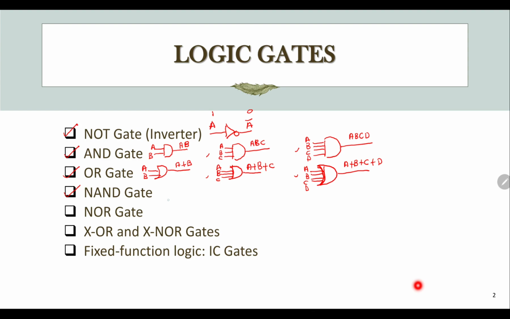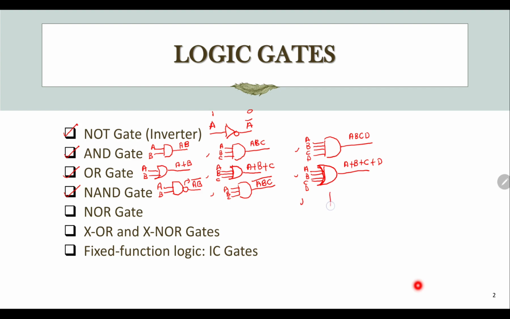Next is the NAND gate. The NAND gate just looks like an AND gate, but it has a bubble after that. For example, if you have A, B, it will perform the operation of multiplying A, B, and then this bubble represents bar, bar for all of AB. The same goes for a NAND gate with 3 inputs, A, B, C. You will get A times B times C, bar.